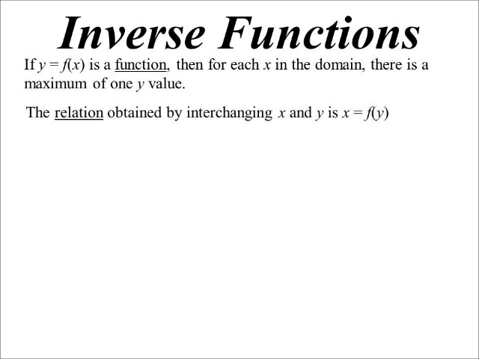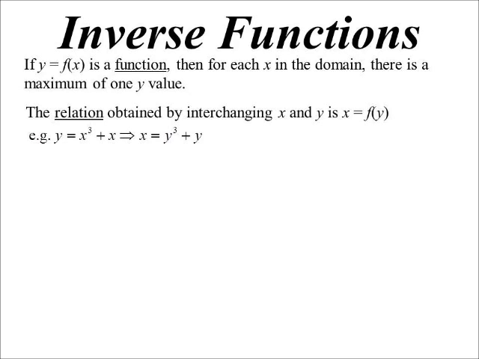Now, if we swap the x and the y's around, so y equals x squared becomes x equals y squared, y equals x cubed becomes x equals y cubed, and so on, then that relation is called the inverse relation. So there's an example there, y equals x cubed plus x, swap them around, x equals y cubed plus y.